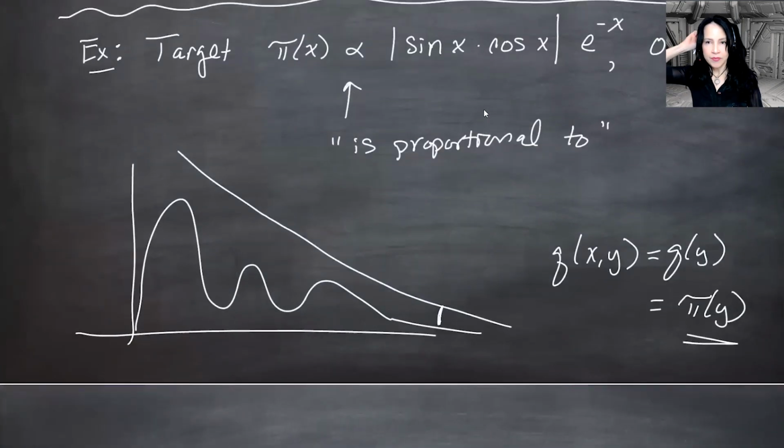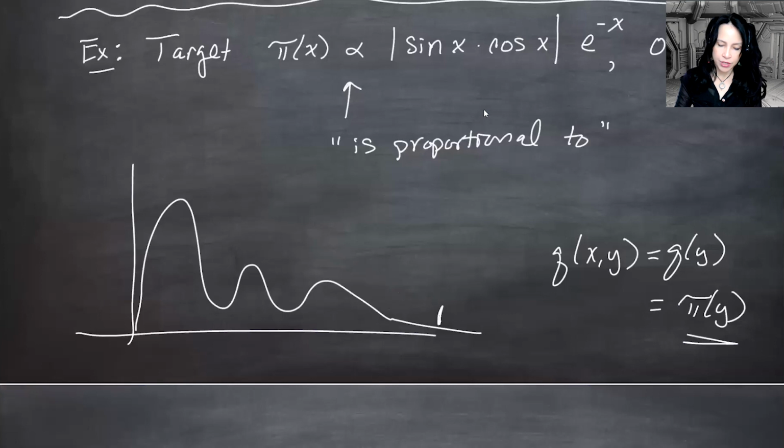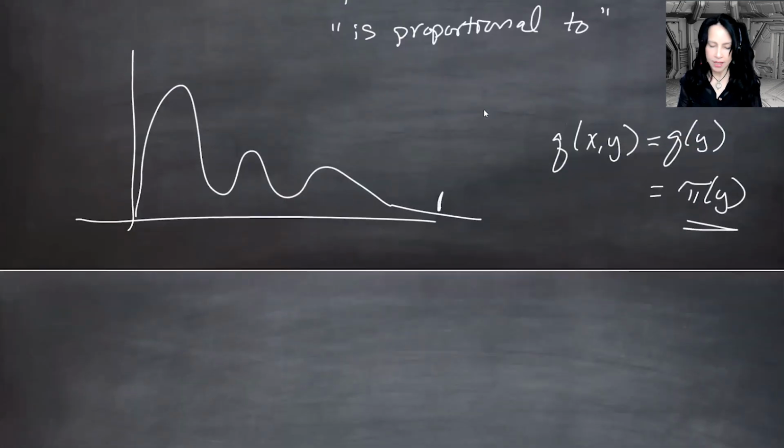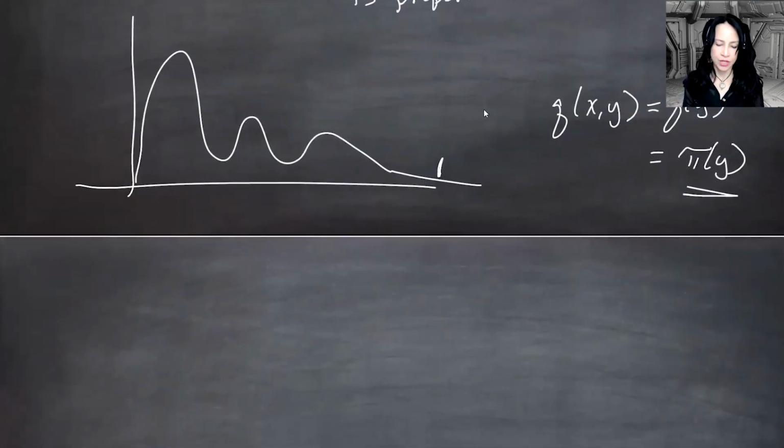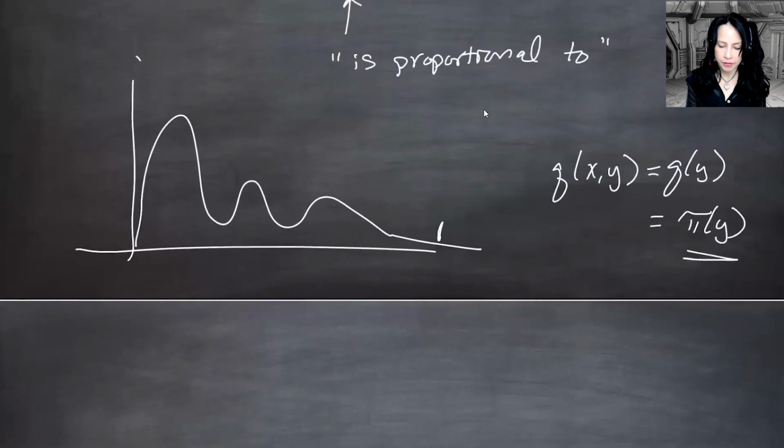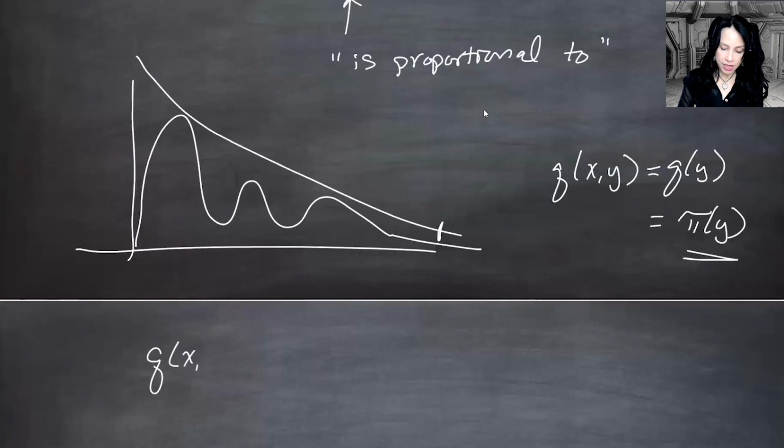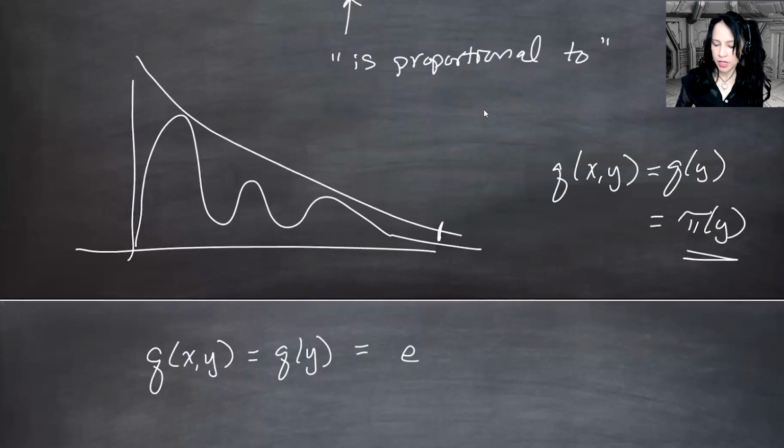Because I had to change this to 0 to 6, I decided to make a candidate density. I decided to just use an exponential with rate 1, and I decided to use an independent candidate. So I'm just going to use a Q of y, and I'm going to let this be e to the minus y. But that's not on the right space.